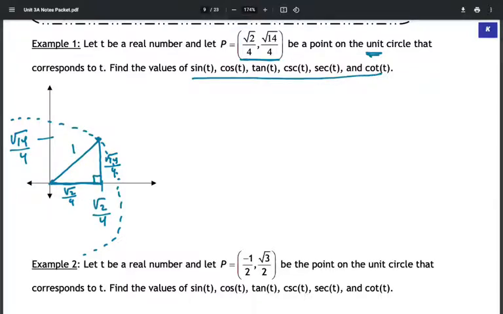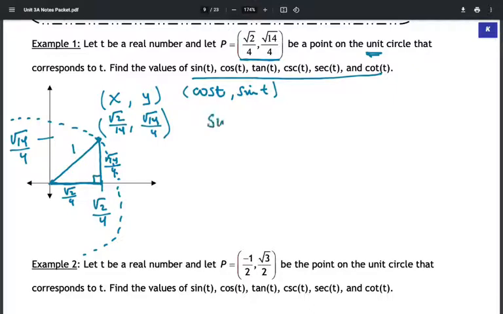We have an ordered pair for that. As long as that's the ordered pair on the unit circle, we talked about how the cosine was the x value and the sine was the y value. So I'm going to write that here. Cosine is the x value and sine is the y value. So when they ask you for the sine of t, it's just going to be the square root of 14 over 4.